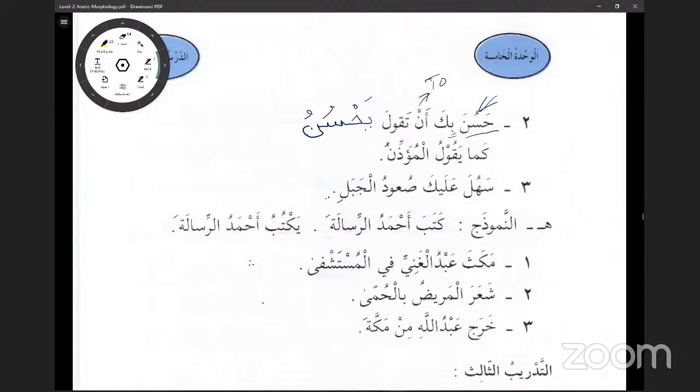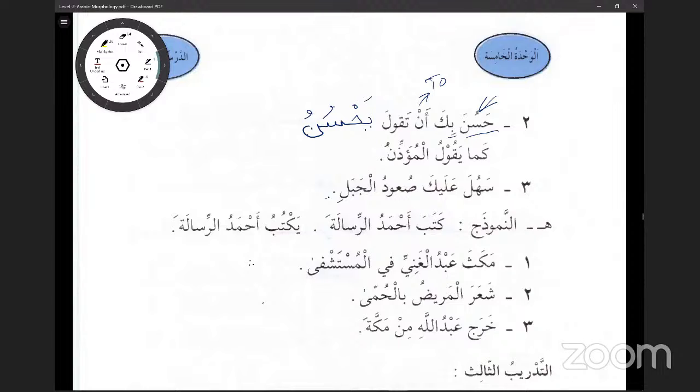It was made easy upon you. وما معنى صعود؟ Do you know Jabal? A mountain. So Sa'ada, have you ever heard of Sa'ada? Oh, to climb. Yes. So it was made easy upon you to climb the mountain, or mountain climbing? Sure. Climbing of the mountain.